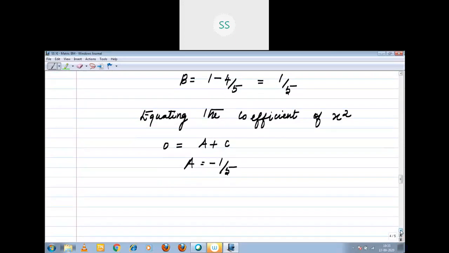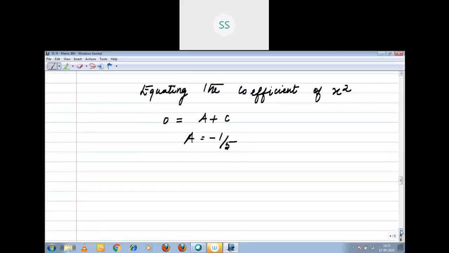Now I am going to write the fraction in terms of simpler fractions.